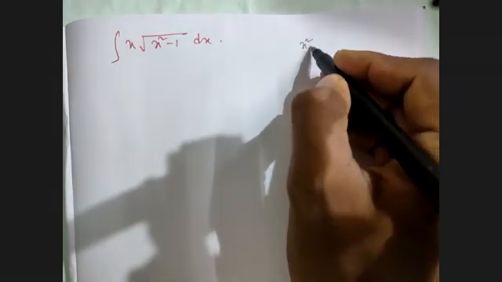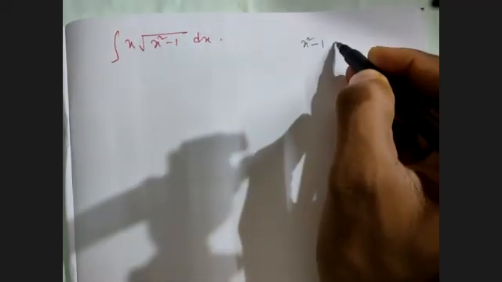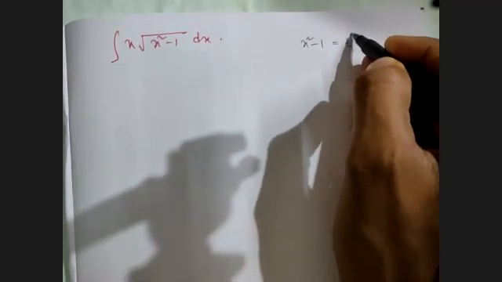Which one you have to let? So root over x square minus 1. If you let only x square minus 1 equals t square, then if you differentiate, what you will get?